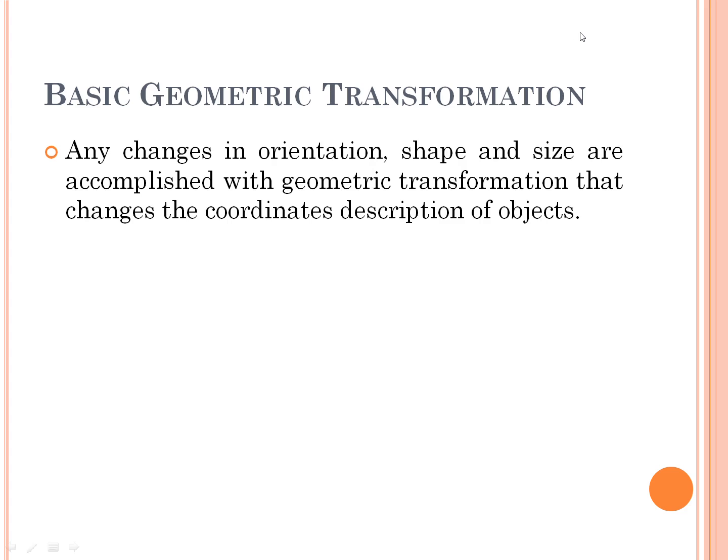Any changes in the orientation, shape and size are accomplished with geometric transformation that changes the coordinate descriptions of the object. It means if we want to change the shape of the object or its size, either reduce or increase it, we need some basic geometric transformation.